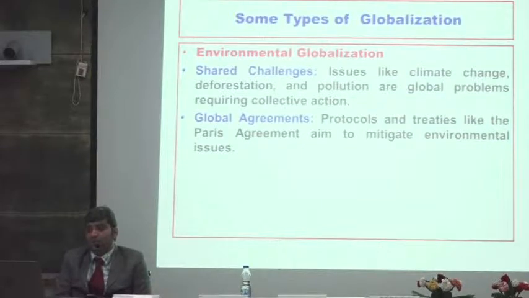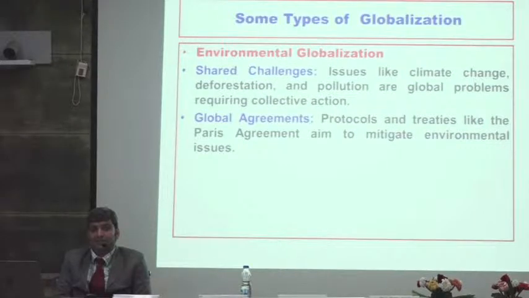Environmental globalization may be another form. For example, shared challenges of climate change. There are so many treaties on climate change, and there is quantification also, that you should reduce your pollution to a certain level, and you should adopt technology for the production process that has low pollution. It may require higher finance.